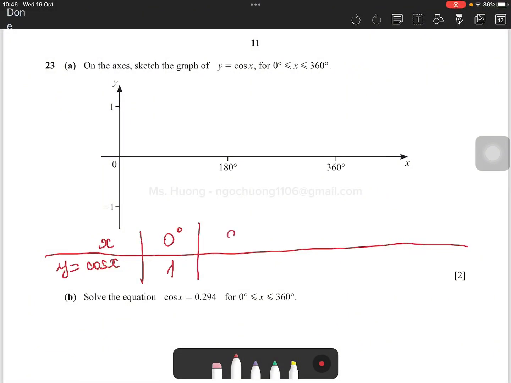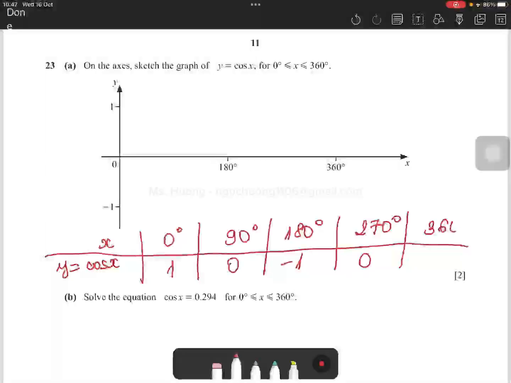When x is 90 degrees, cos 90 degrees is 0. And cos of 180 degrees is -1. The cos of 270 degrees is 0. Finally, cos of 360 degrees is 1.